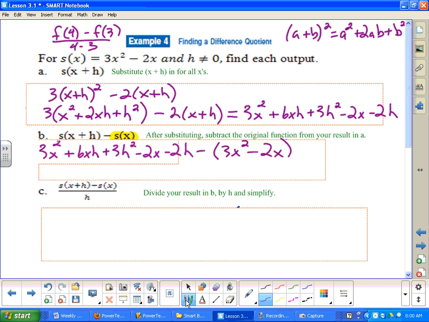Well, I have a positive 3x squared and a negative 3x squared, so those cancel. And I have a negative 2x here and a positive 2x here, and those cancel. So when I simplify that, we just have 6xh plus 3h squared minus 2h.